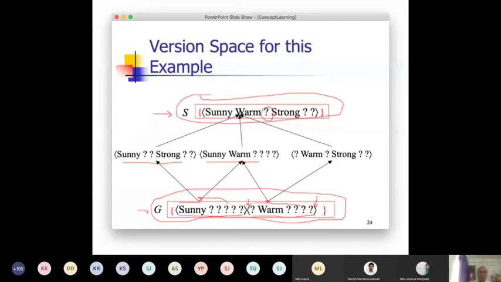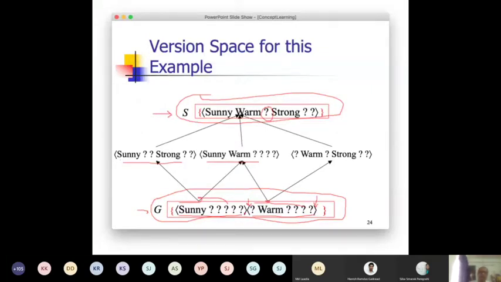So there exists an algorithm which will compute these two boundaries. It need not enumerate all possible hypotheses, as we did in the previous exhaustive algorithm, which is naturally quite inefficient, since we considered every possible hypothesis and then checked whether it is consistent or not. But it is not required.